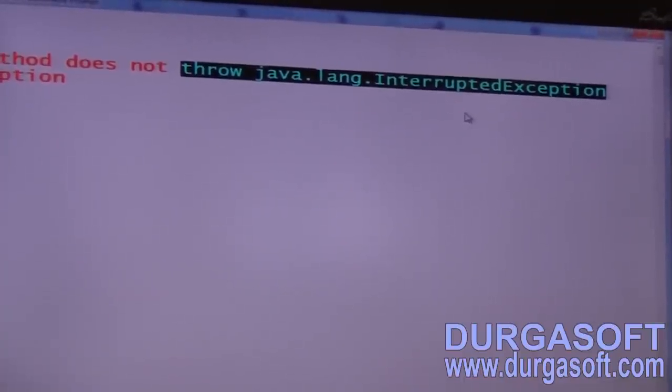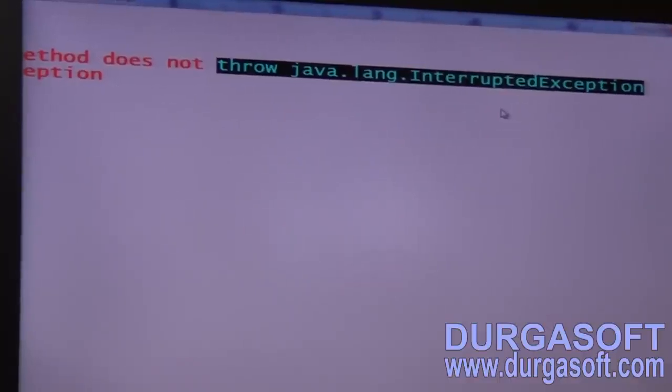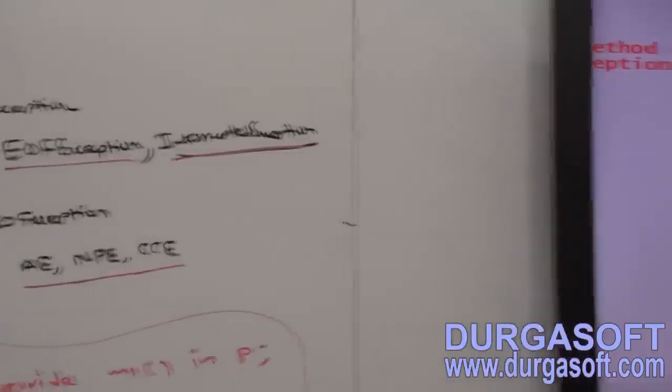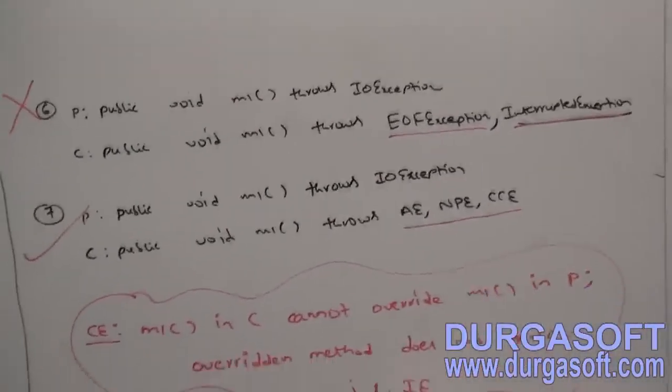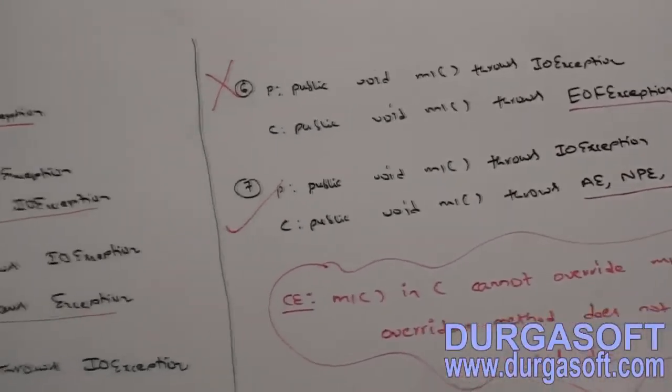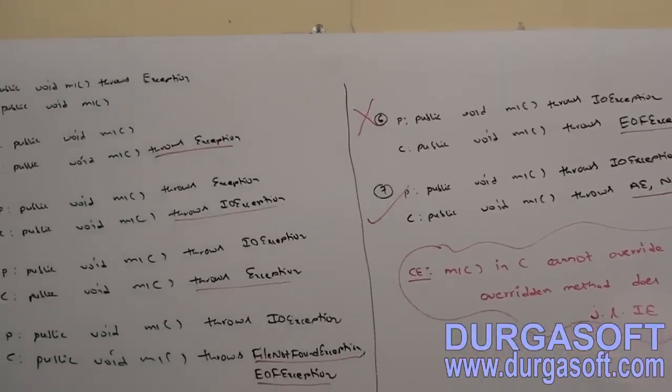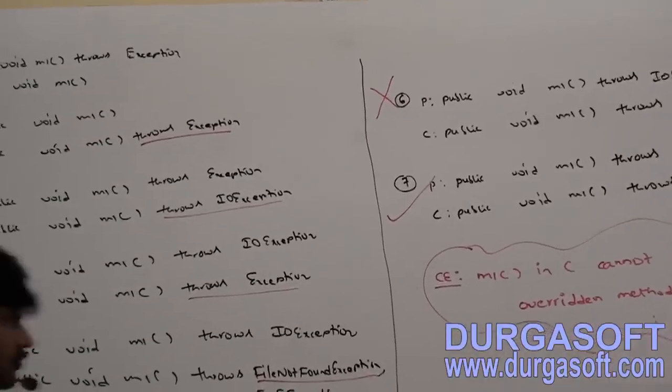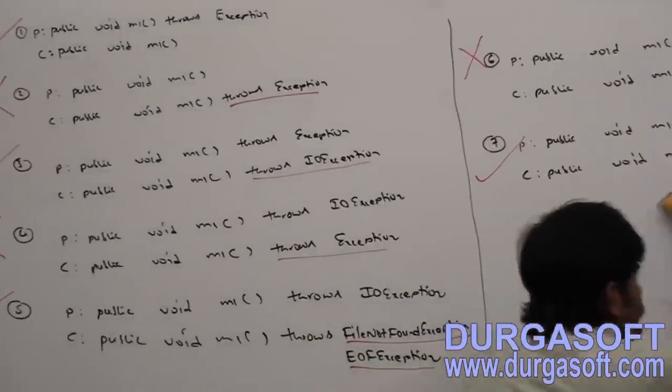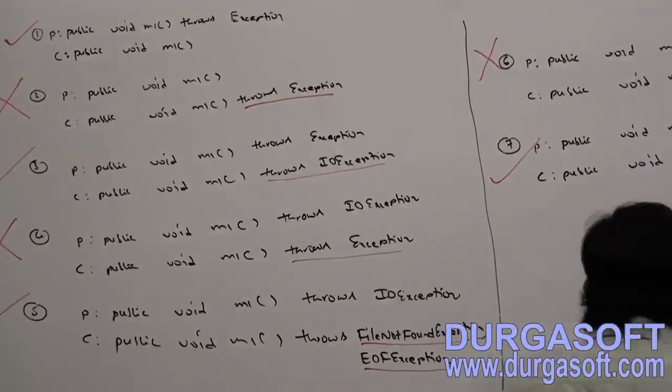Okay, this is. Are you able to understand, right? So this is why we are getting this error. Now take all these things, 1, 2, 3, like all. Take all the seven options.